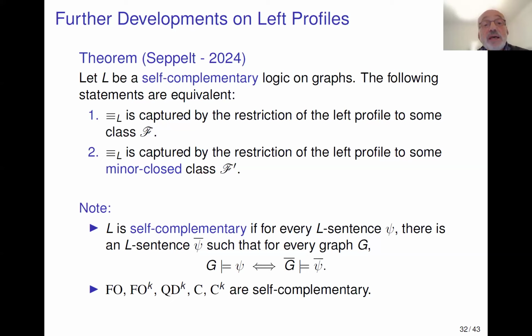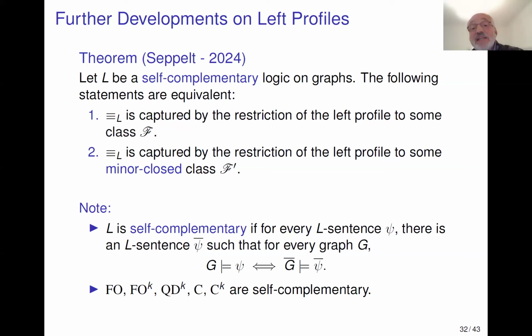He proved the following interesting result: if a logic is self-complementary, I'll explain what it means, then equivalence in this logic is captured by the restriction of the left profile to some class if and only if it's captured by the restriction of the left profile to some minor-closed class F prime. So some class closed under minors.